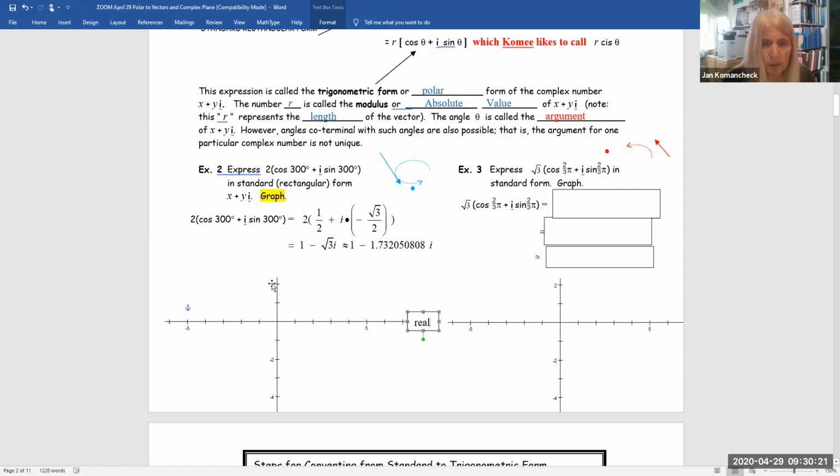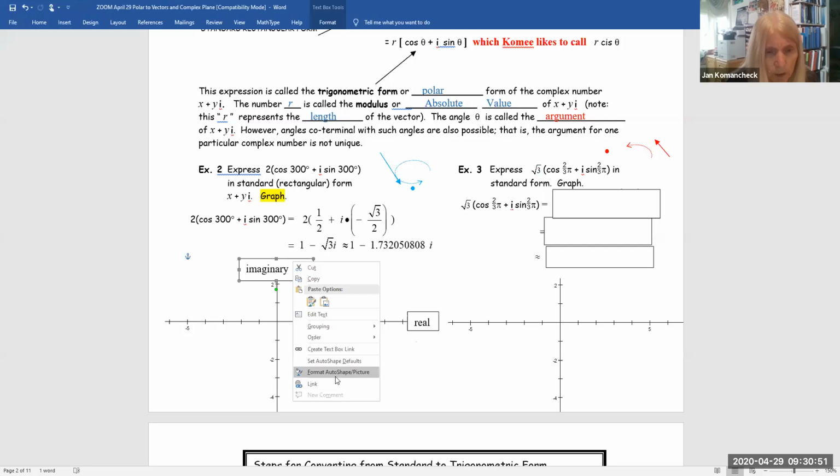And I'm going to call this the imaginary axis. I really should have done that earlier, but I didn't. And I spelled imaginary wrong again. This is my imaginary axis.